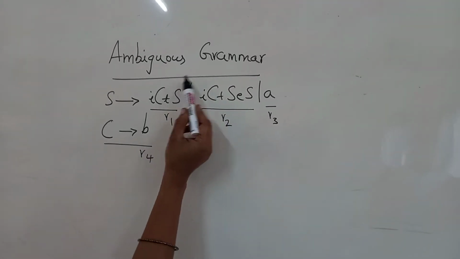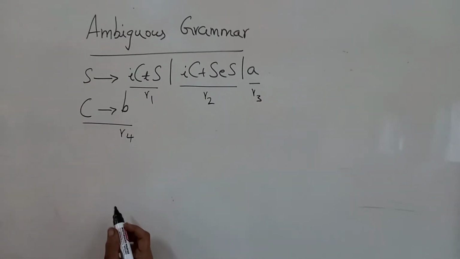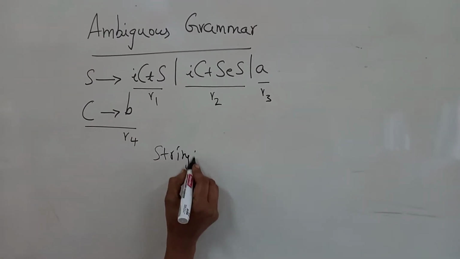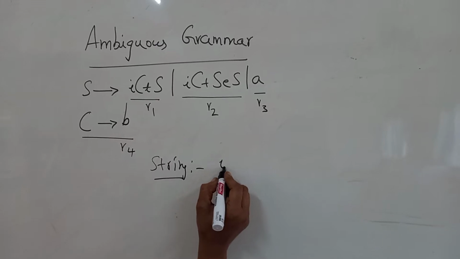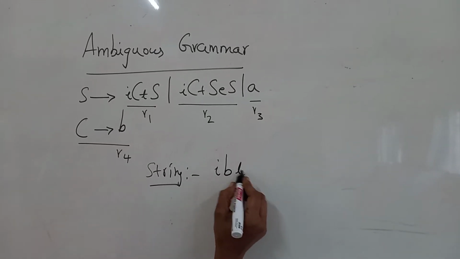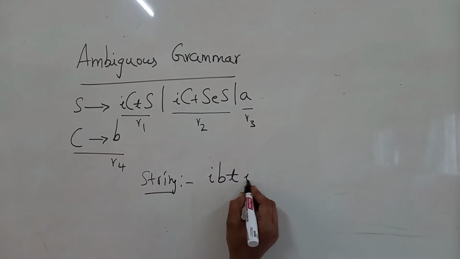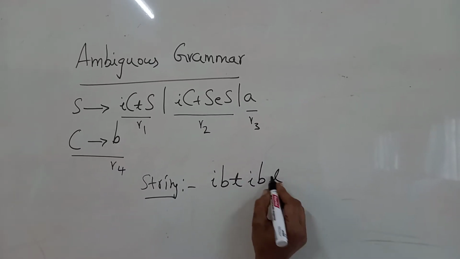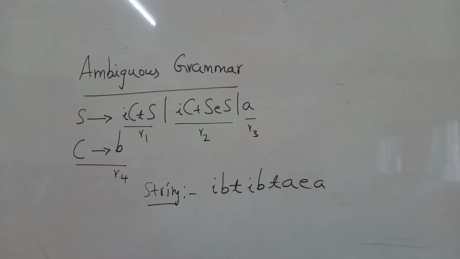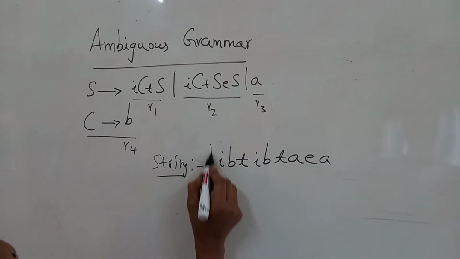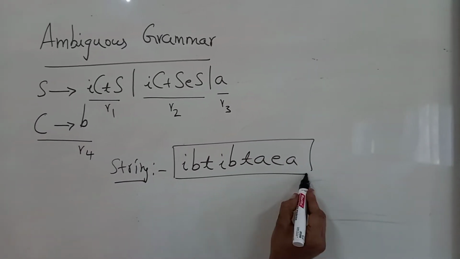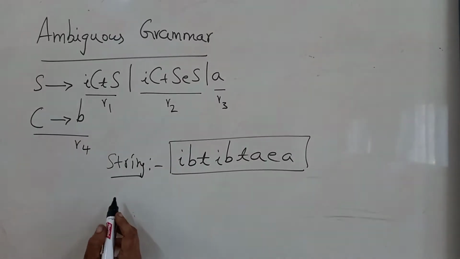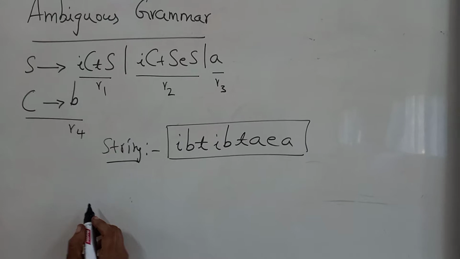In order to find out whether the grammar is ambiguous, we need a string. I will take the string ibtibtaea. Now I need to apply the derivation.